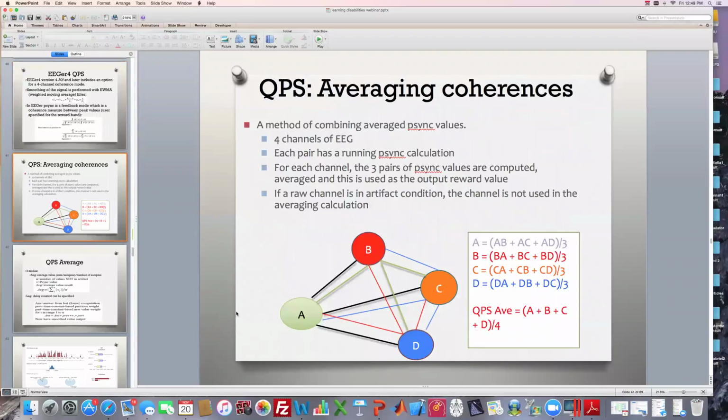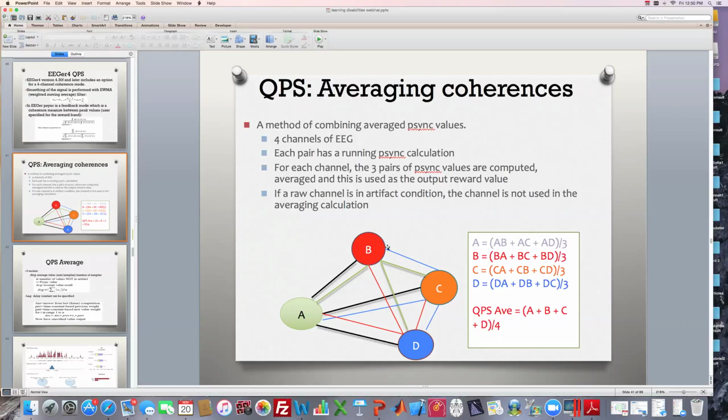From that, we use multivariate combinations of those 4 channels to come up with a coherence metric. So here's how it works. We take the pairwise coherence from A to B, A to C, and A to D. We add those values together, divide by 3, and that's the value of what we call shared coherence from channel A. We do the same thing at channel B, B to A coherence, B to C, and B to D, just like you see here in the equation.